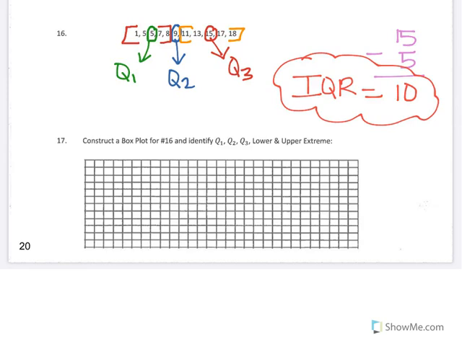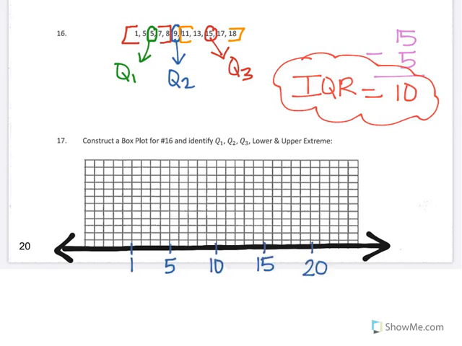Okay, on to the last question. Construct a box plot for number 16 and identify Q1, Q2, Q3, and the lower and upper extremes. So I'm going to first start by making a number line, and I'm going to do that down below. Now my smallest number is 1, my highest number is 18, so I'm going to use each block and count by ones, but I'm not going to write every single number down there.